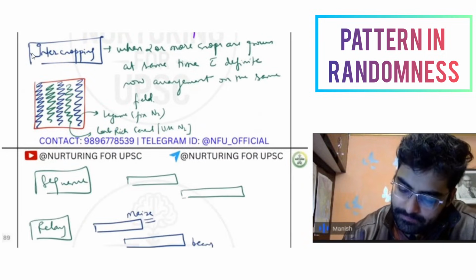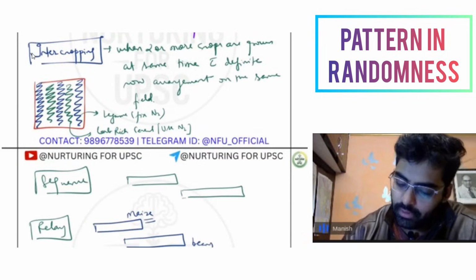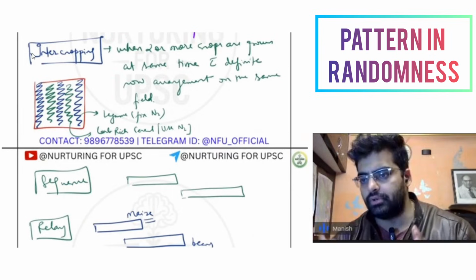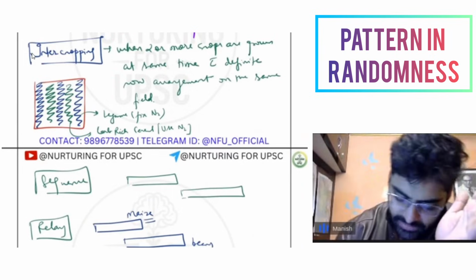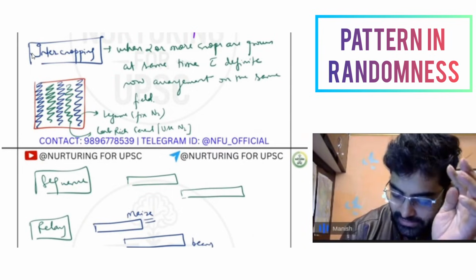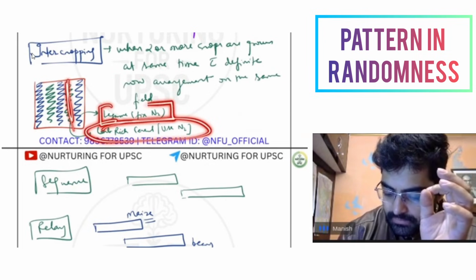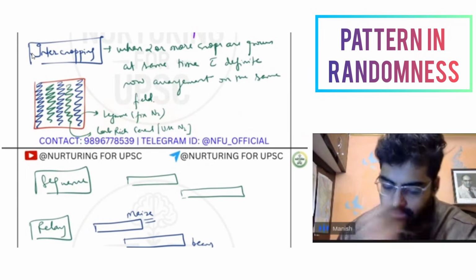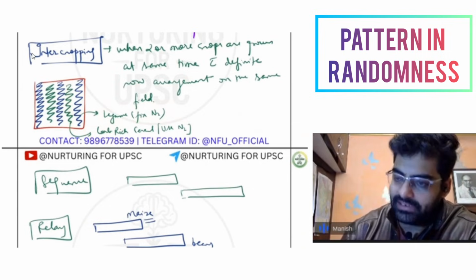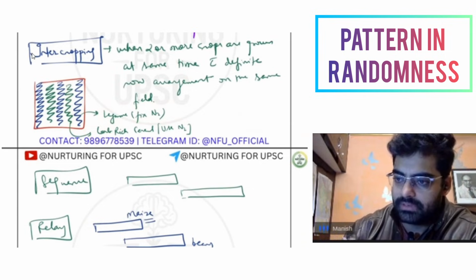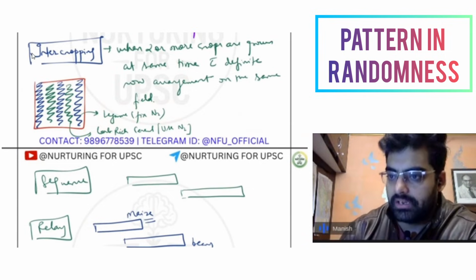In intercropping, the idea is that crops need to complement each other. Suppose if I grow a carb-rich cereal here in one row, then in another row I will plant a legume. Why? Because the carb-rich cereal uses nitrogen from the soil. All right.